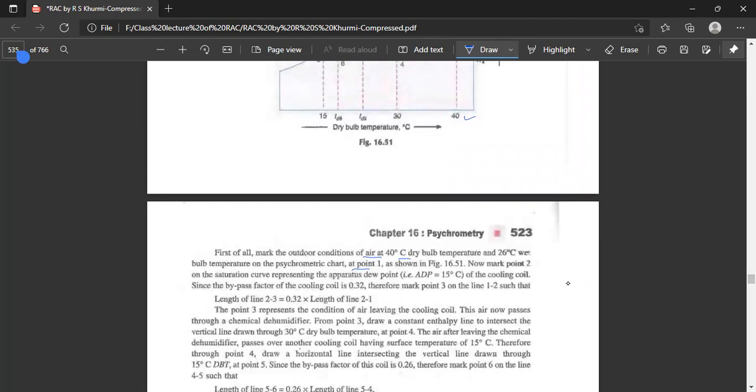Now we have to mark point 2 on the saturation curve, representing the apparatus dew point. That is, the apparatus dew point of the cooling coil is 15 degrees centigrade, so we mark it on the saturation curve.